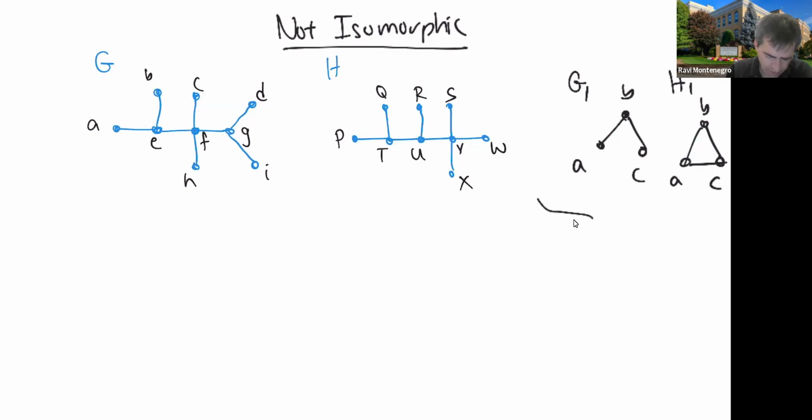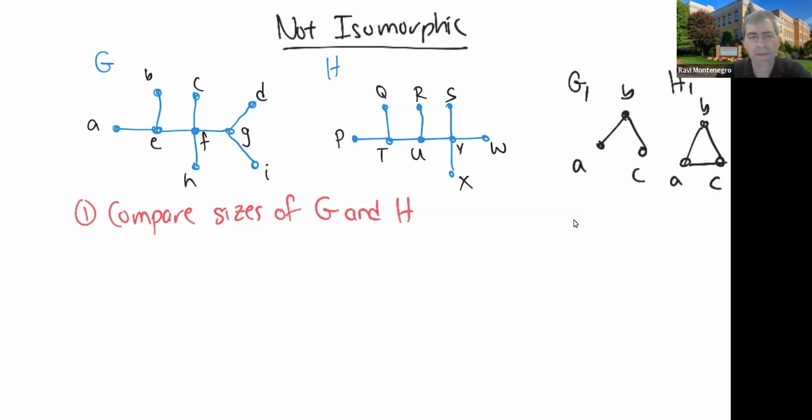So in order to show things are not isomorphic, a good starting point will be to compare the sizes of the two graphs, oftentimes called G and H. Now, what does size mean? Well, there's actually 2 components to size. First, count the number of vertices.